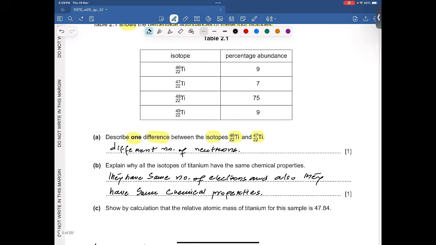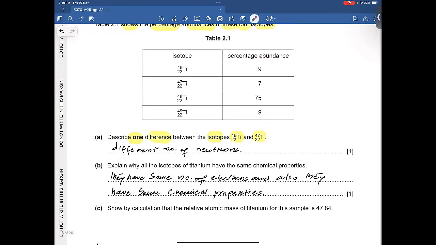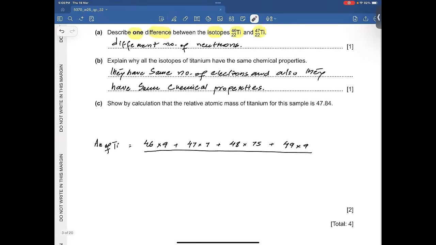So we need to add these values: 75 plus 9 plus 9 plus 7. So it's basically 100. So we need to divide by 100.